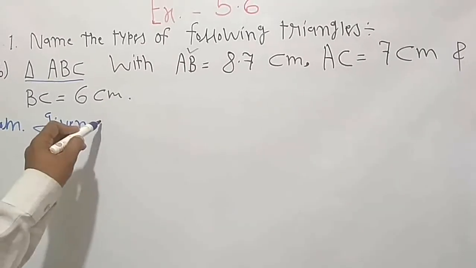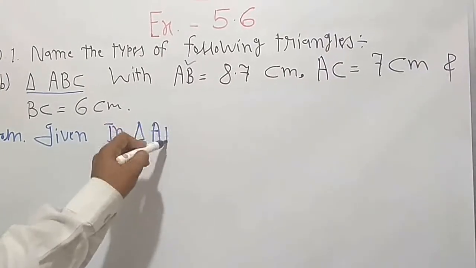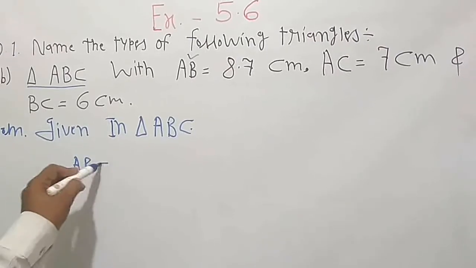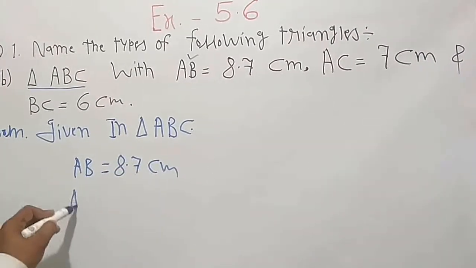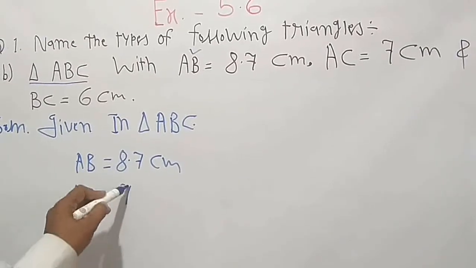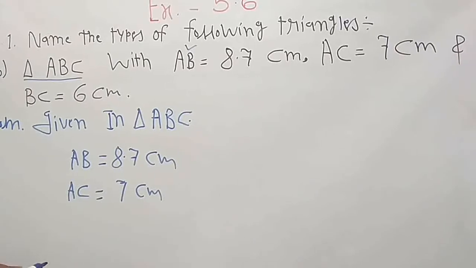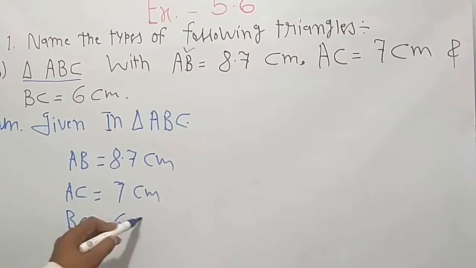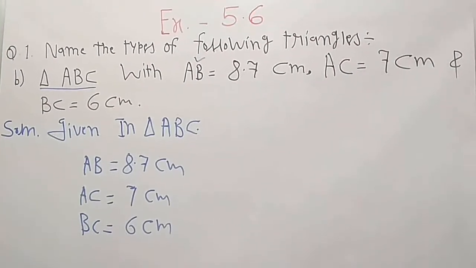Given in triangle ABC, AB equal to 8.7 cm, AC equal to 7 cm and BC equal to 6 cm.